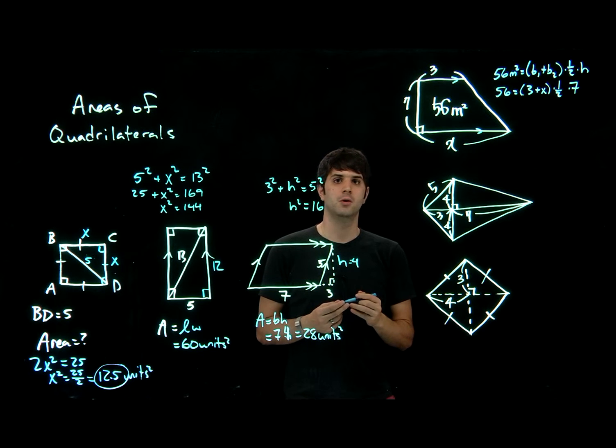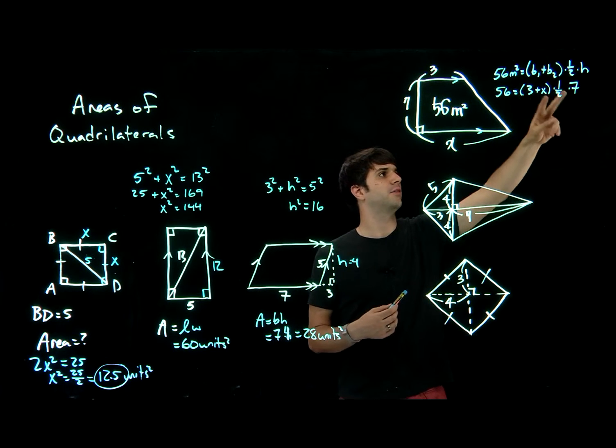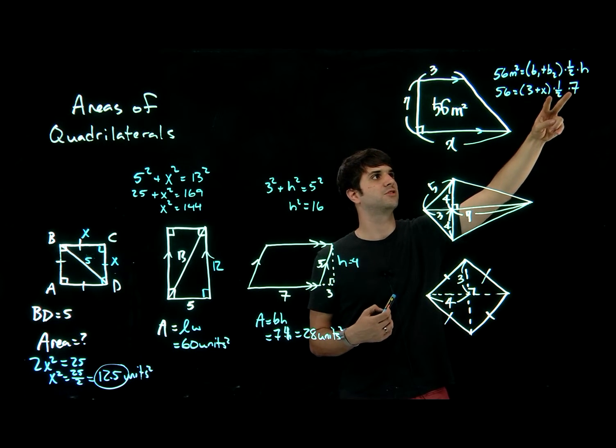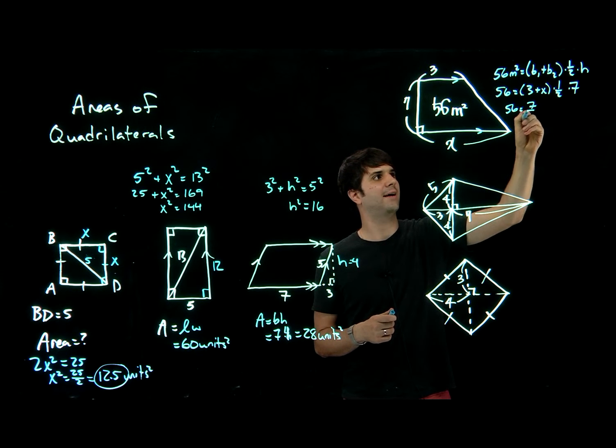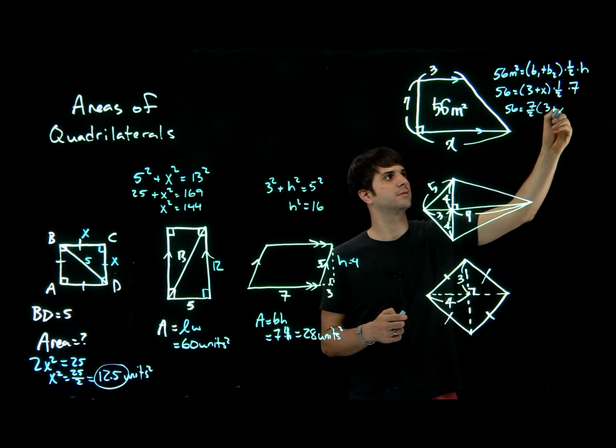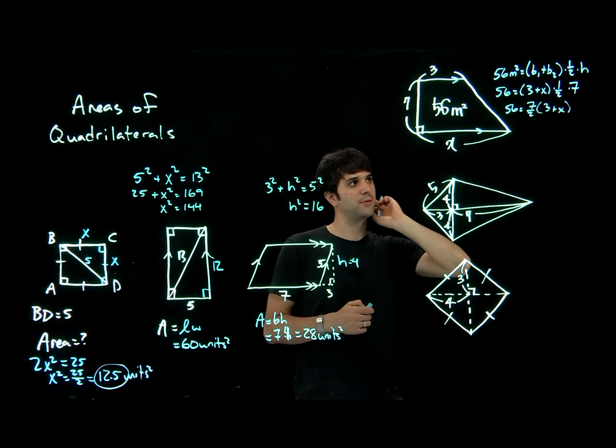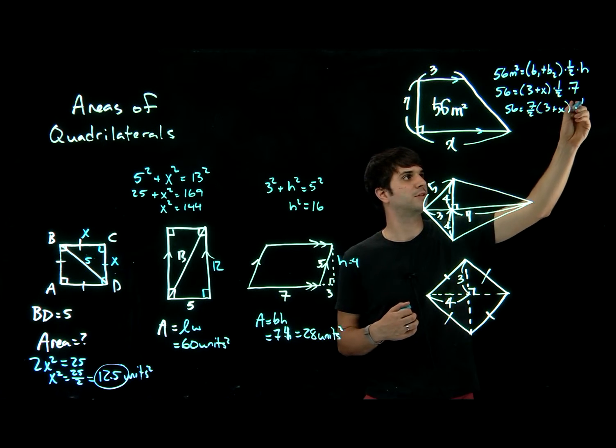Okay, so now we just simplify. This is going to be 7 halves. So 56 equals 7 halves times 3 plus x. To get rid of that 7 halves, we multiply both sides by 2 sevenths.